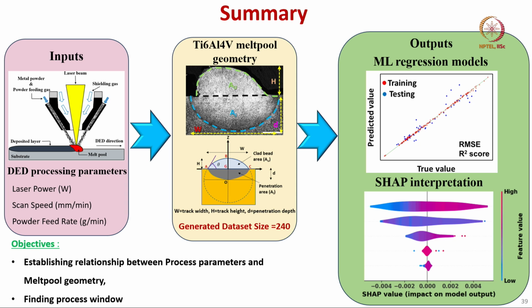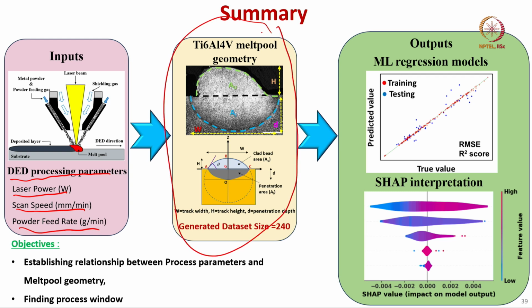You have the input parameters, DED process parameters: laser power, scan speed, powder feed rate. Your melt pool geometry in the generated data set of 240 is like track width, track height and penetration depth. We have shown the different models that give RMSE and R square scores very close to the statistically acceptable values.